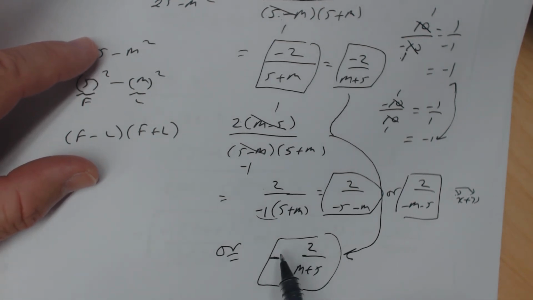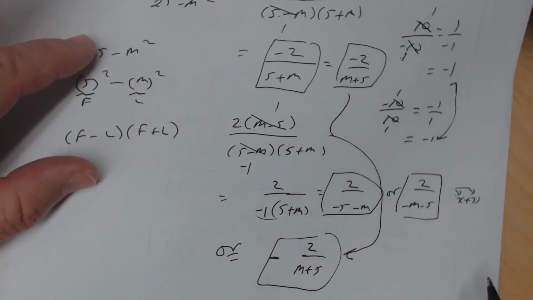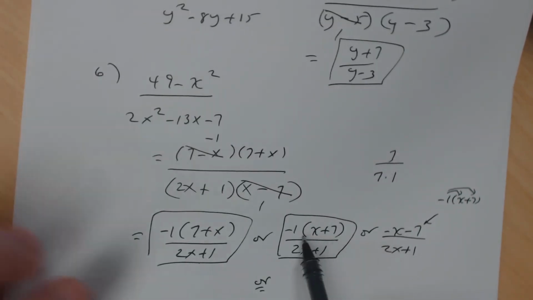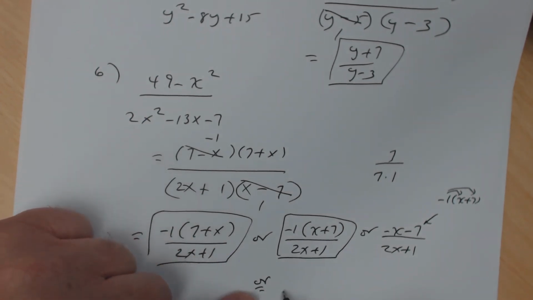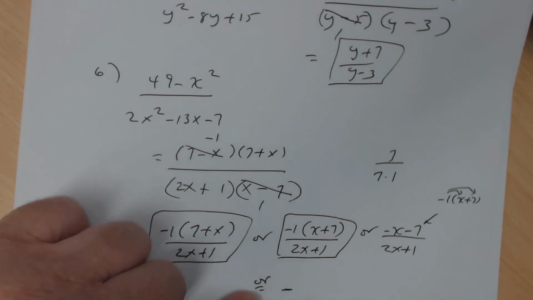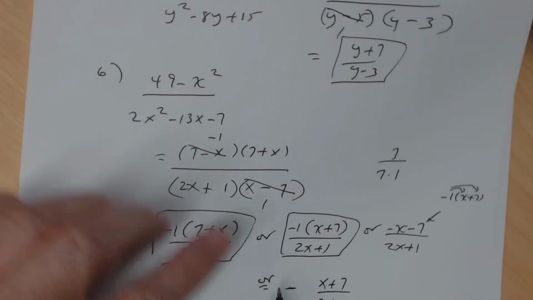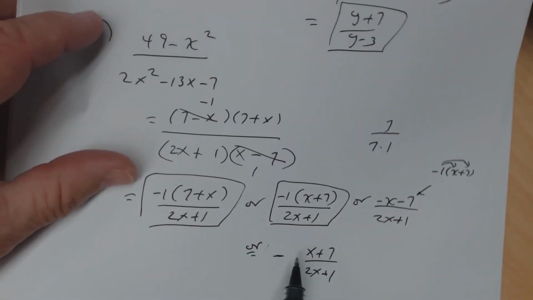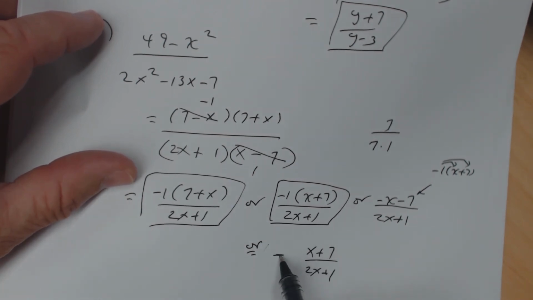So put the negative out in front of this fraction, because this right here means the same thing as negative 2 in the numerator divided by m plus 5. So right here, instead of writing negative 1 times x plus 7, I could have said that's going to be the opposite of this fraction, x plus 7 divided by 2x plus 1, where the negative's out in front. So this right here means the same thing as this.